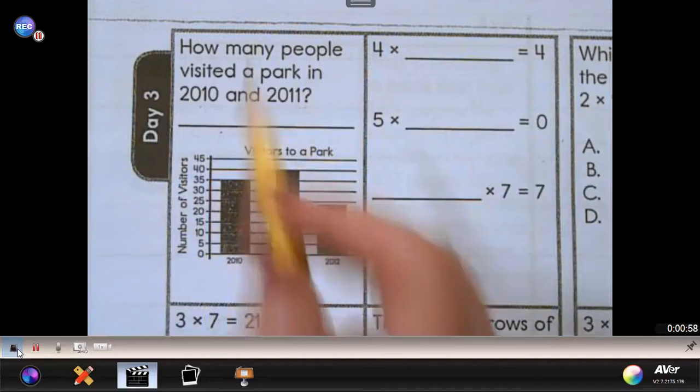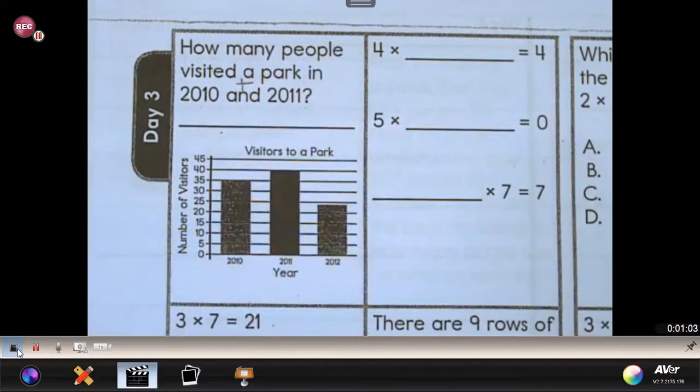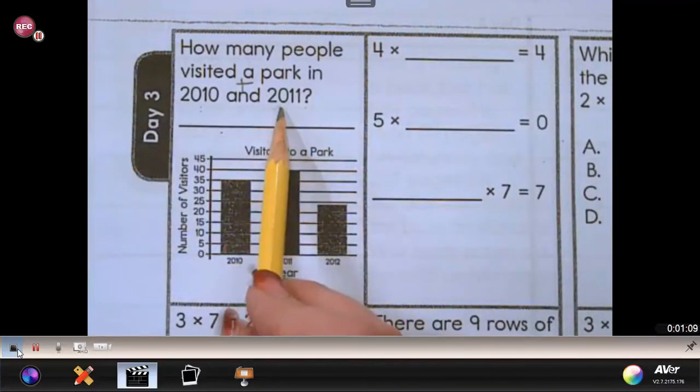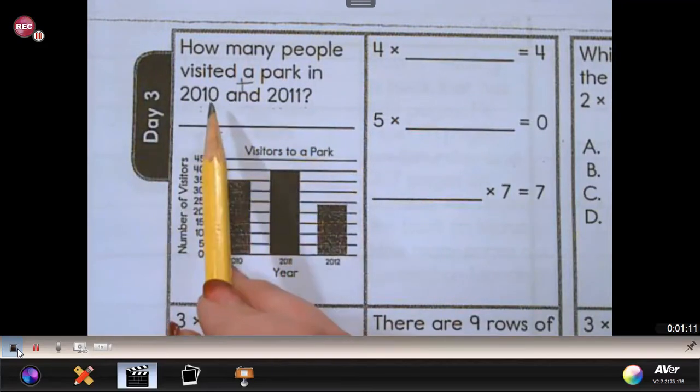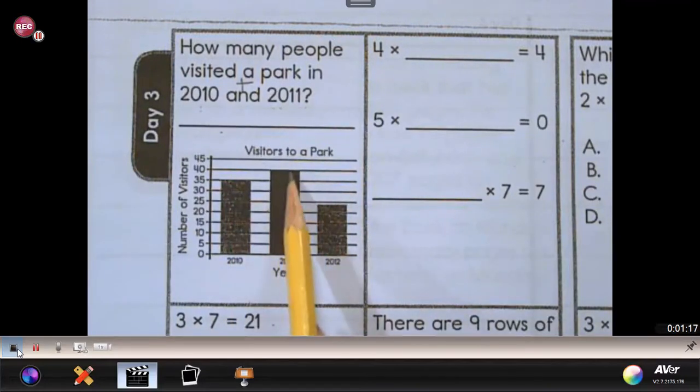And, if you remember, helps us understand that we're combining these together. So usually when you see and, it's talking about two pieces of information or two amounts, we're adding the bar of 35 visitors and the bar that says 40 visitors to find visitors for 2010 and 2011.